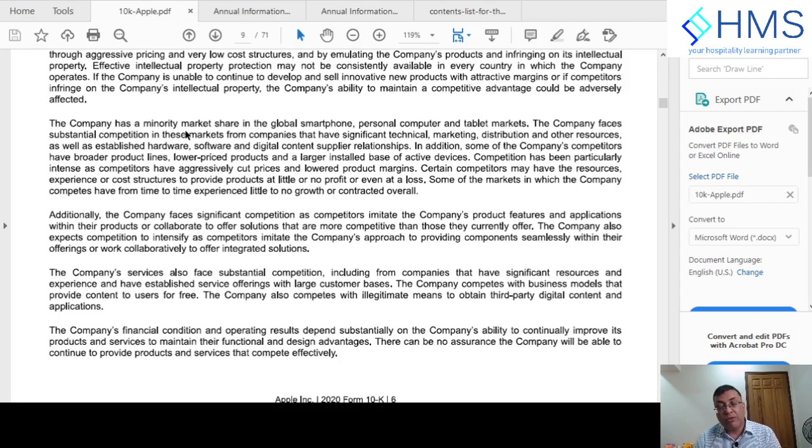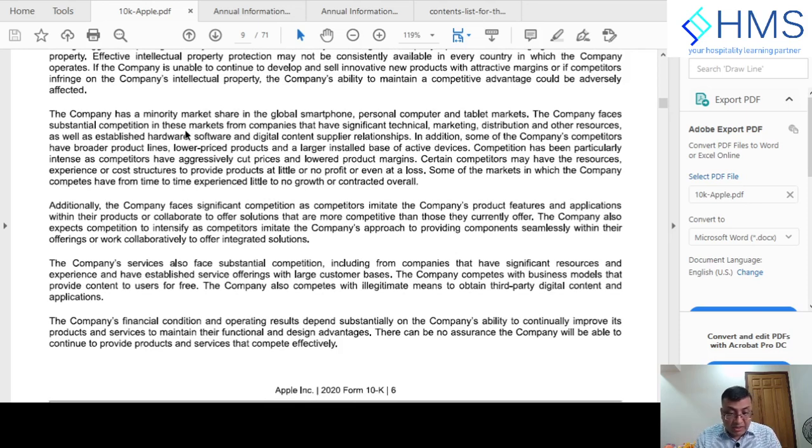However, they try to stay ahead through innovation. The company faces significant challenges from companies that imitate its products.